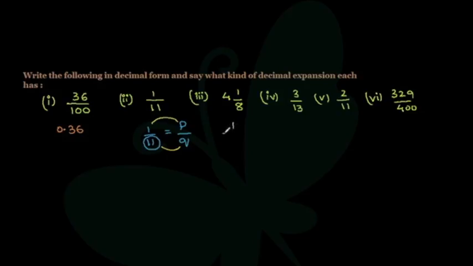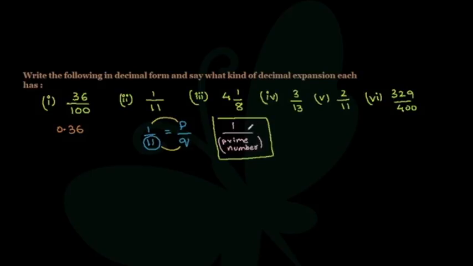This quantity, 1 upon a prime number, just remember it, because we're going to have this proof later in class 10. The thing is that for 1 upon any prime number apart from 2 and 5, so if there is any prime number in the denominator apart from 2 and 5, this quantity will always have a decimal expansion which will never terminate.